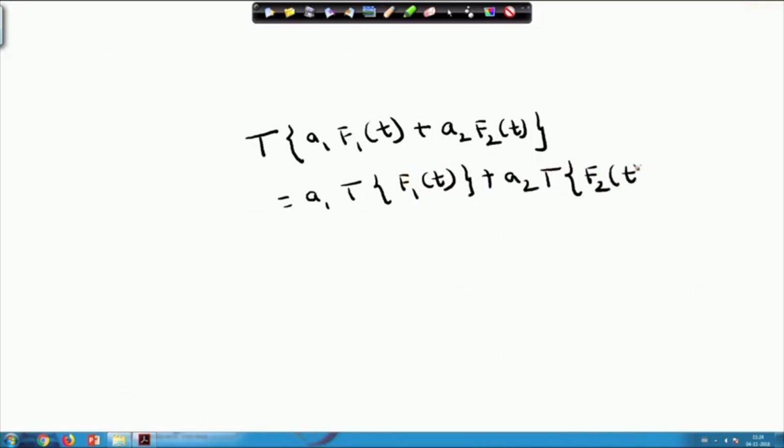So, if we write down this thing, you have a transform T. For this transform T, if we have two functions f1(t) and f2(t), and for any constants a1 and a2, the transformation of a1 f1(t) plus a2 f2(t) equals a1 times the transform of f1(t) plus a2 times the transform of f2(t), then we say that this is a linear transformation.